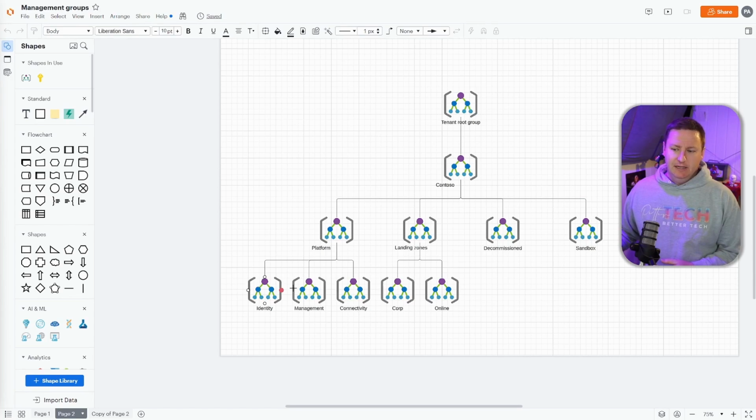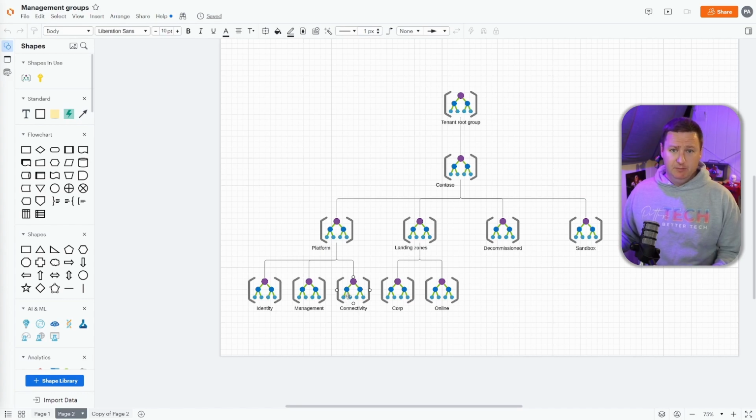And in management, this is where you'd put things like automation accounts that are used for change tracking, inventory management, update management, and so on. I would also put some Log Analytics here for, well, a central log where you can do querying, where you can do alerting, and so on and so on.